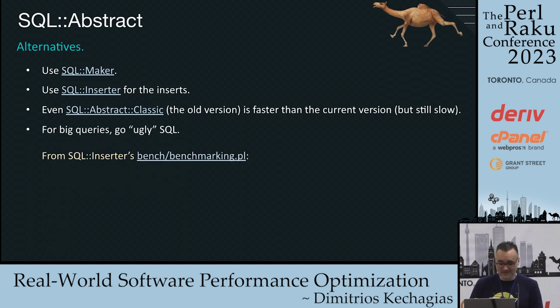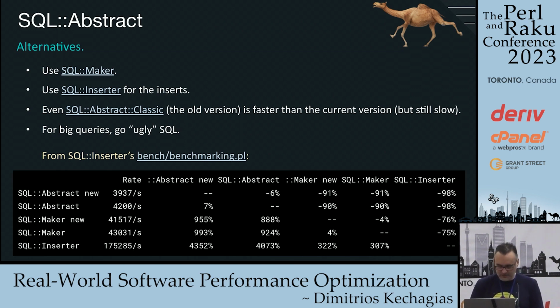And you can go ugly SQL for big queries. In my SQL::Inserter module, there's a benchmark.pl, and you can see how SQL::Maker is 10 times faster than SQL::Abstract for inserting. SQL::Inserter is over 40 times faster.